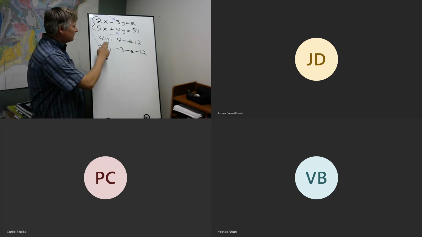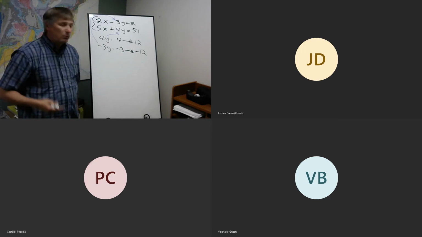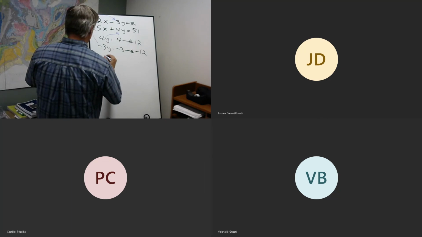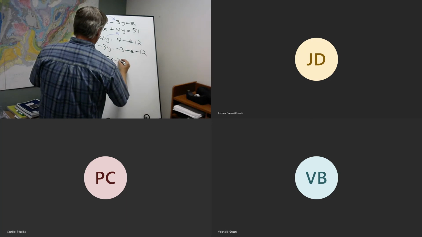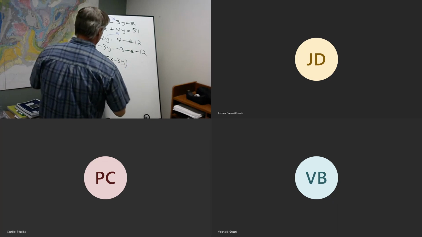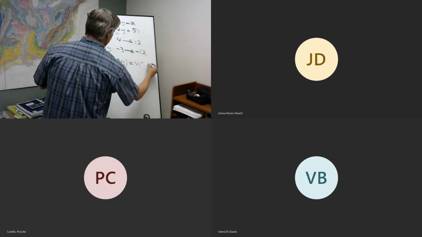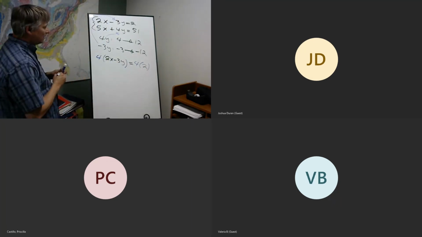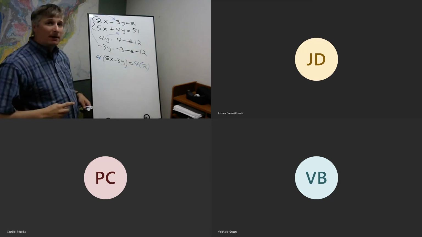So how do we turn negative 3 into negative 12? Well, we multiply by 4. And then to turn 4 into 12, we multiply by 3.